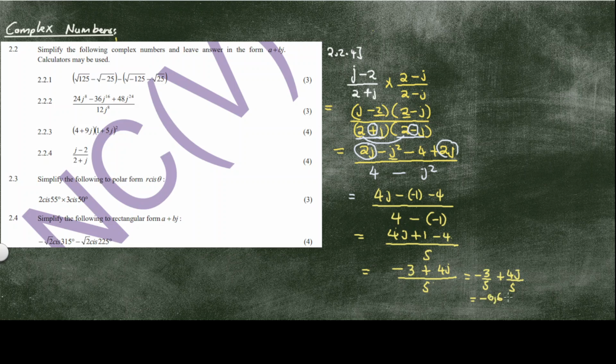Negative 0.6 plus 4 over 5, 0.8j. Let me just confirm. Shift i, minus 2 over 2 plus shift i. Yes, it's the same.